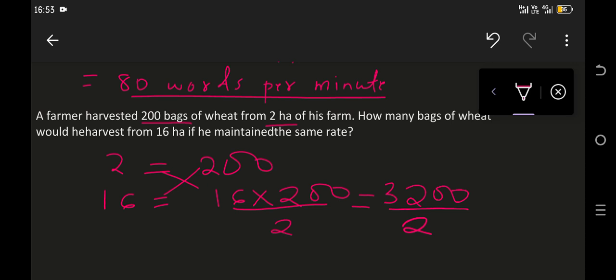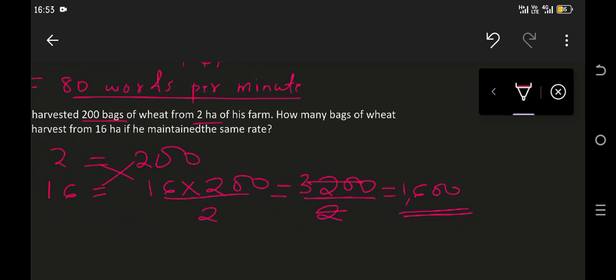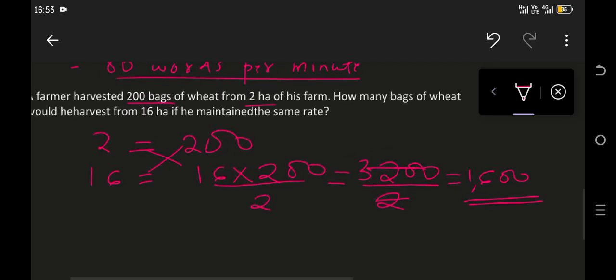The quotient there is going to be the rate. So what is 3,200 divided by 2? That is going to be 1,600. 1,600 bags of wheat will be harvested from 16 hectares of land.